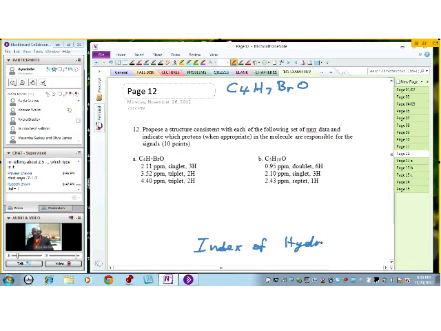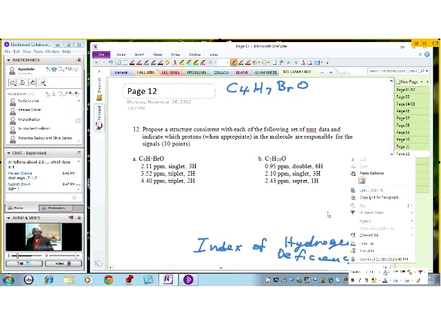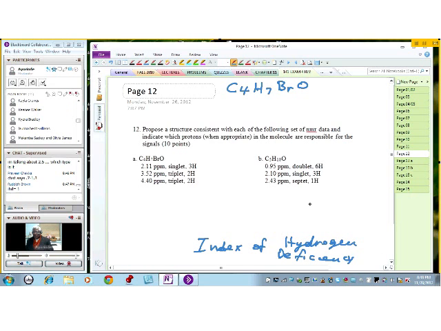Index of hydrogen deficiency. I hope you guys have not forgotten that. Now, if you look at the index of hydrogen deficiency for this, it will be 1.